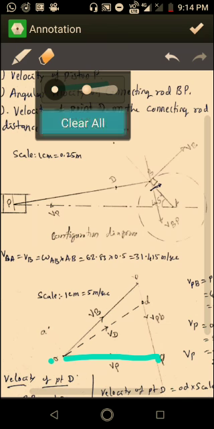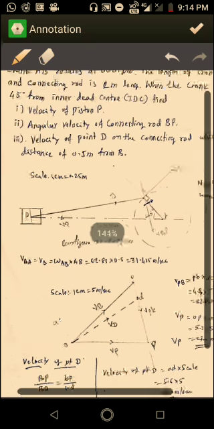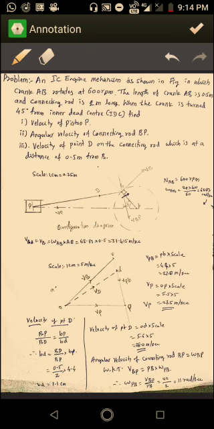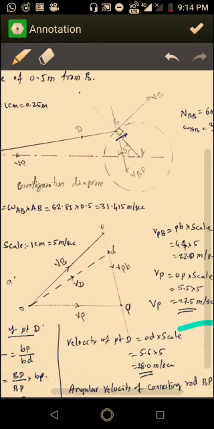That will be the velocity of the piston. Vp, the velocity of P, is equal to OP into scale. The OP length is 5.5 and the scale is 5 meter per second. So Vp is 27.5 meter per second, the velocity of the piston.